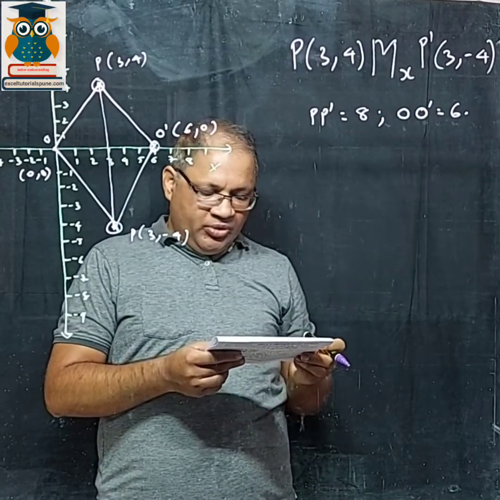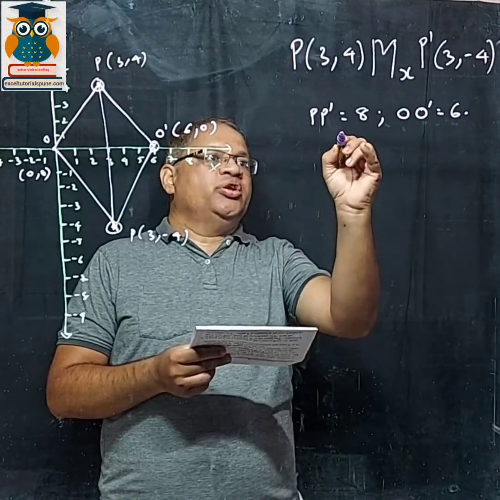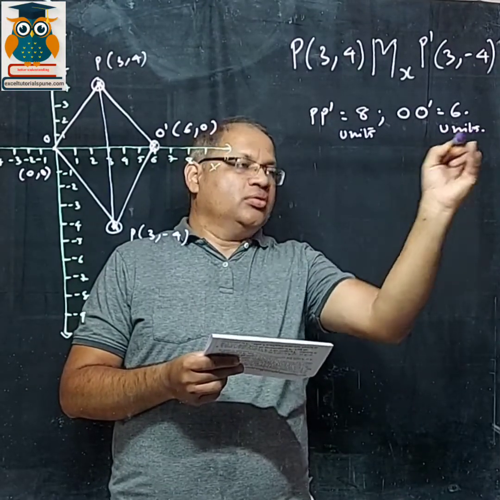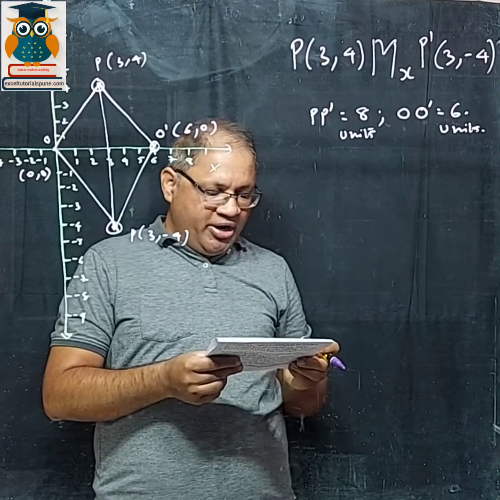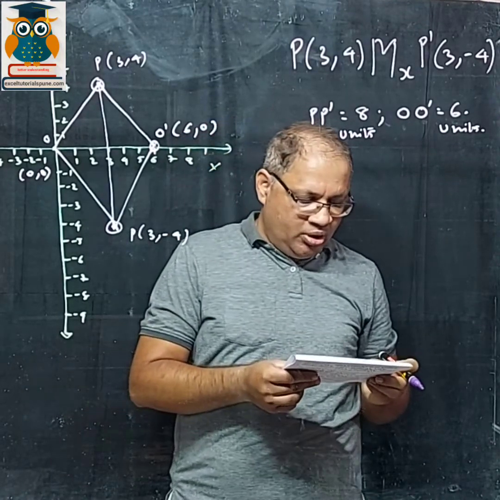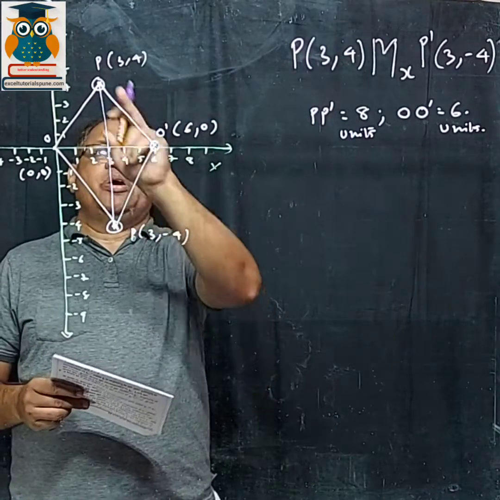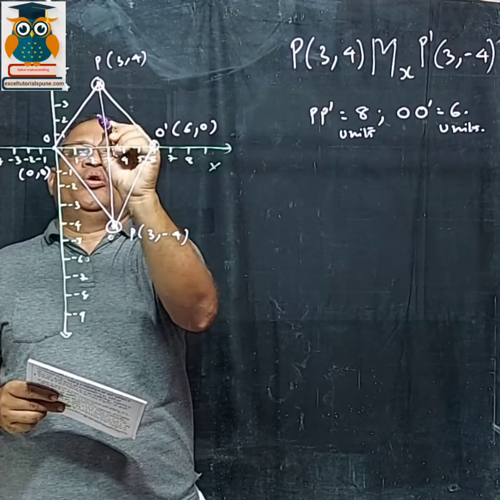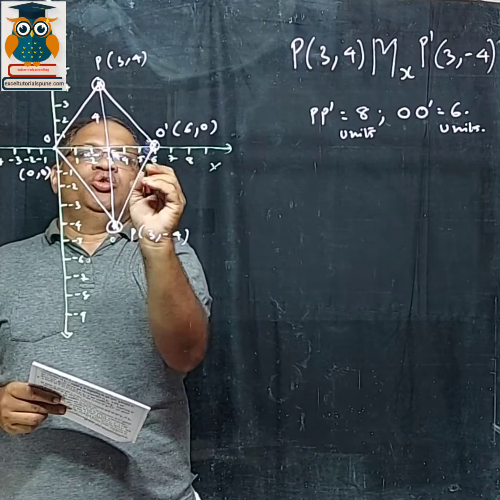Then this is units. Then perimeter of quadrilateral PQ P dash Q dash. Okay, so perimeter of this. Now if you see properly, this is from here to here is 4 and from here to here is 3.